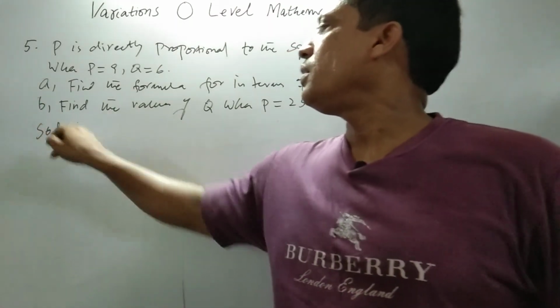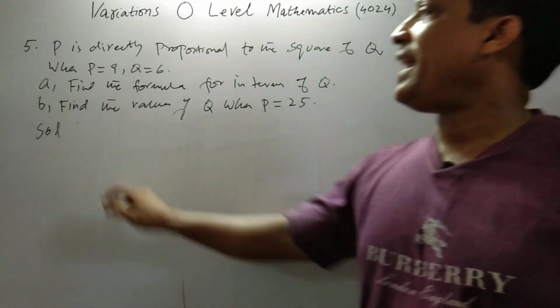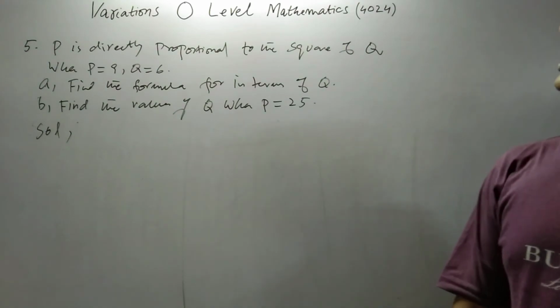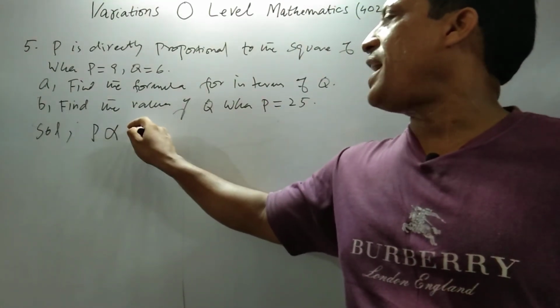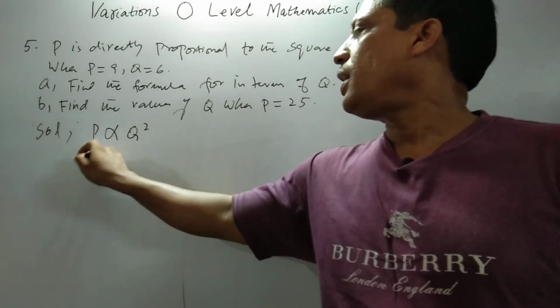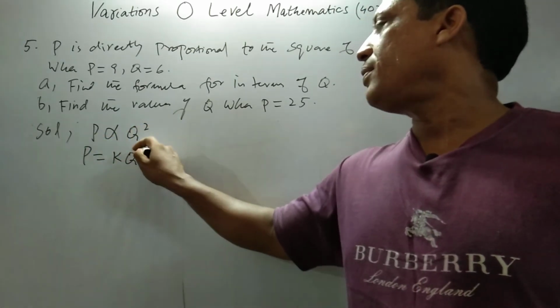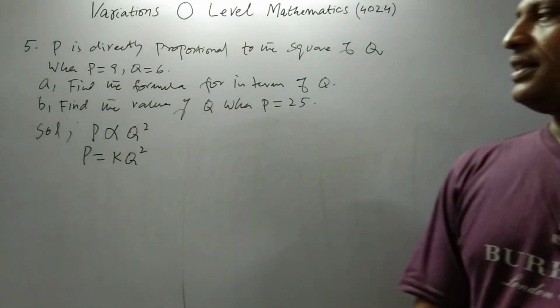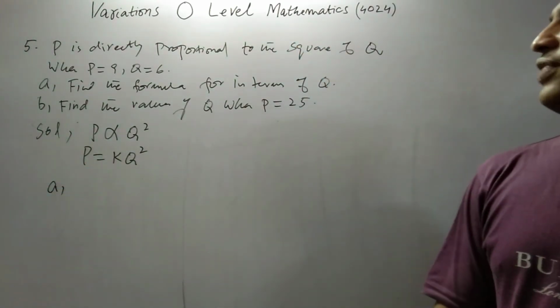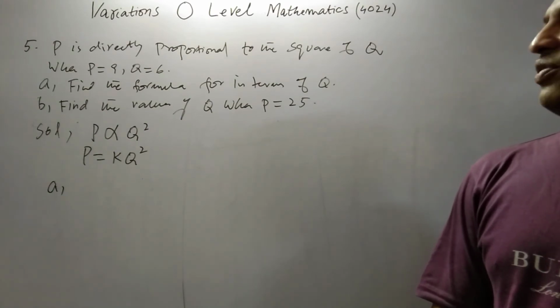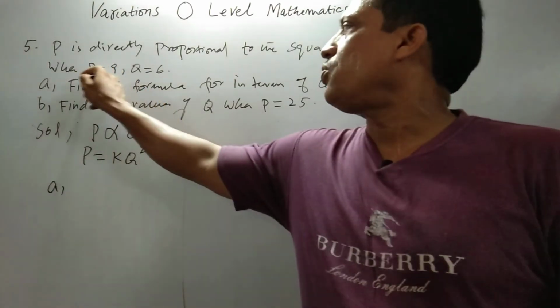Solution. Which relation? Direct relation. Which two quantities? P and Q square. So we have to write P is directly proportional to Q square. Then P is equal to K Q square. Then part A, find the formula. First we have to find the value of K by using these two values.